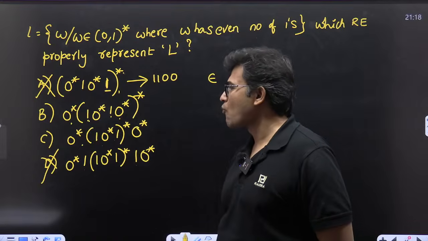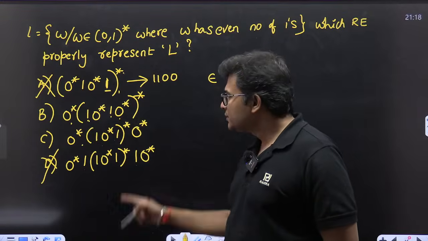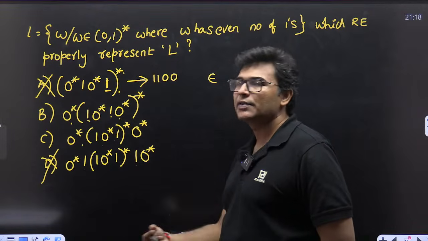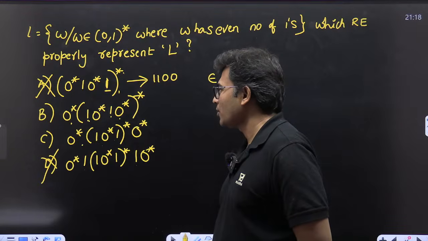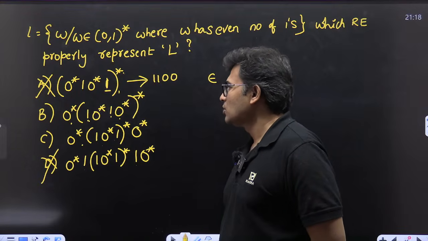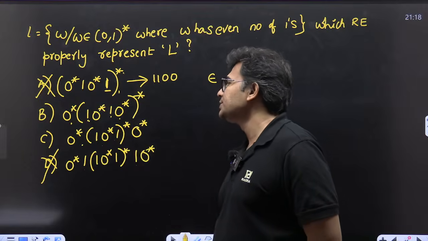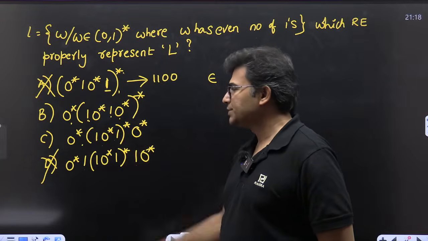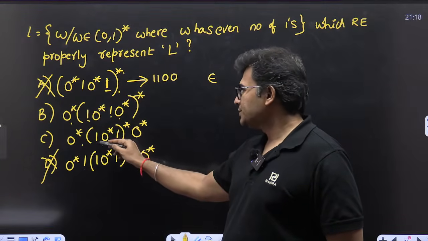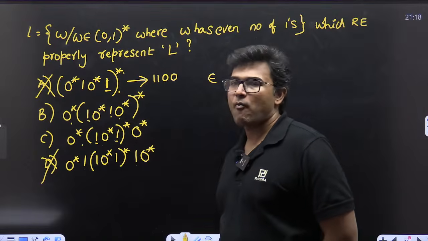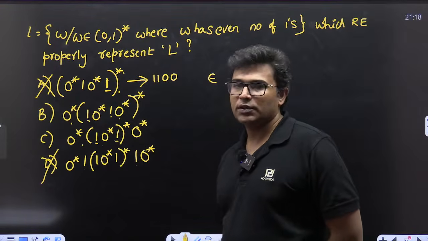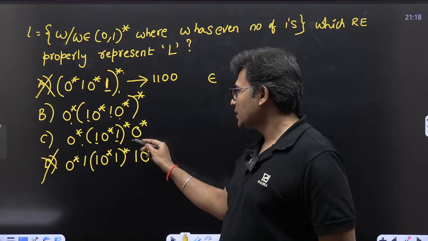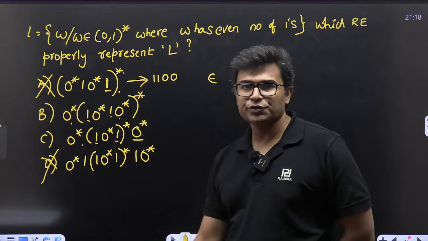Check C. See what are the strings that cannot be generated by C. The problem with C is, let us say I have generated 1, 1. Now after I generate a 1, 1, I can generate any number of zeros.